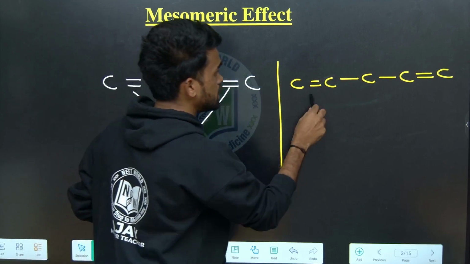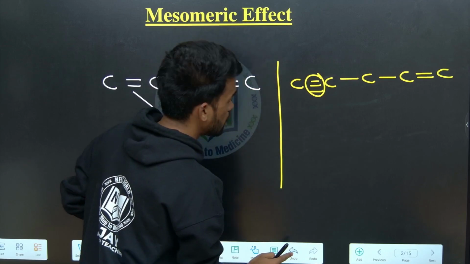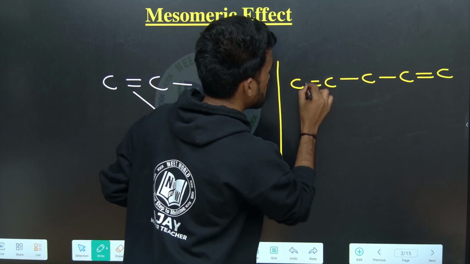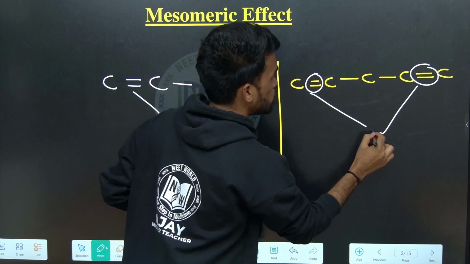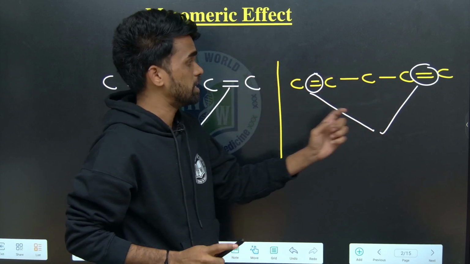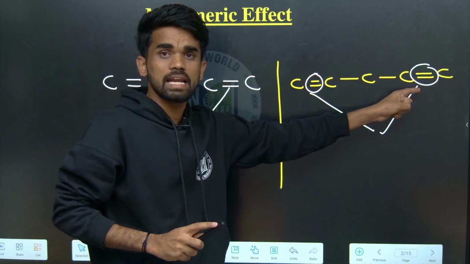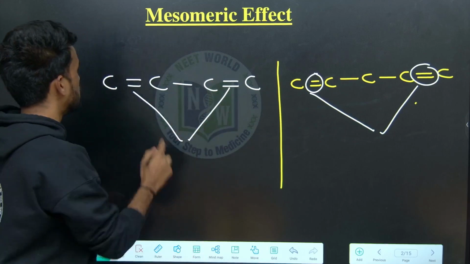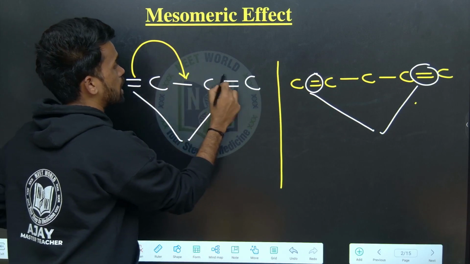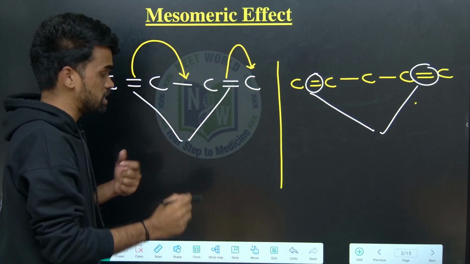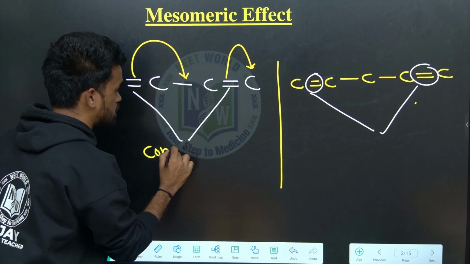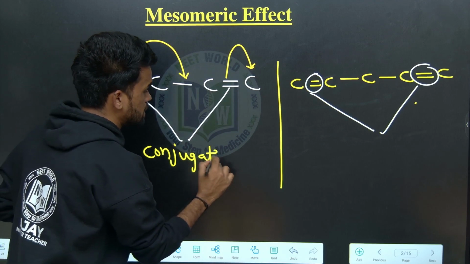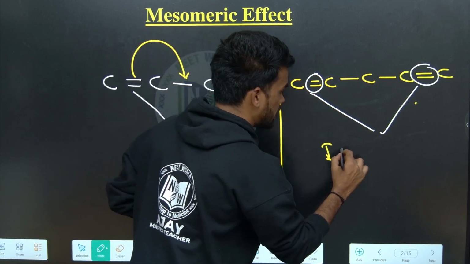But here, this double bond, this one and this one, are positioned at isolated positions. It means delocalization of pi electrons is not possible here, but in the other we can delocalize the pi electrons like this, right? This kind of system is called a conjugated system, and these are called isolated systems.